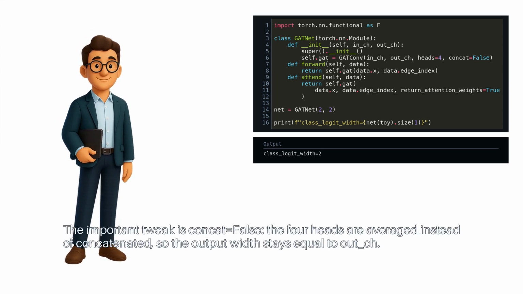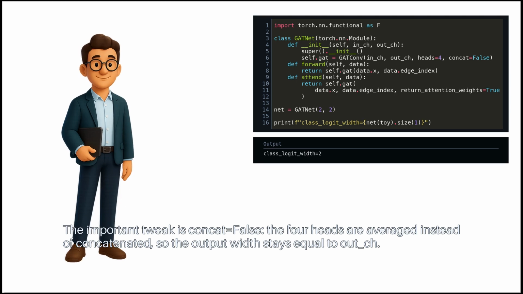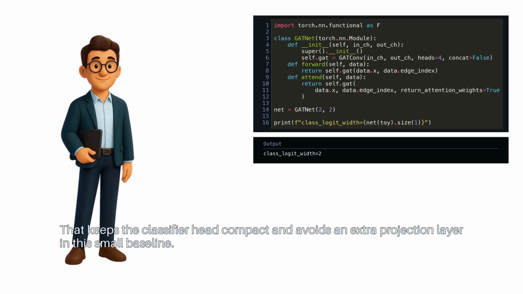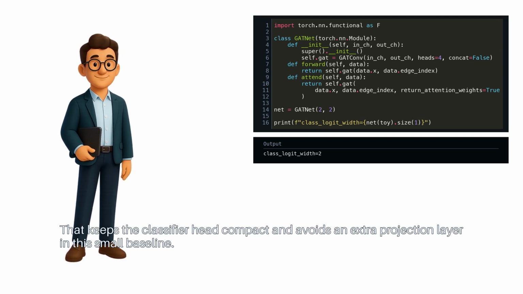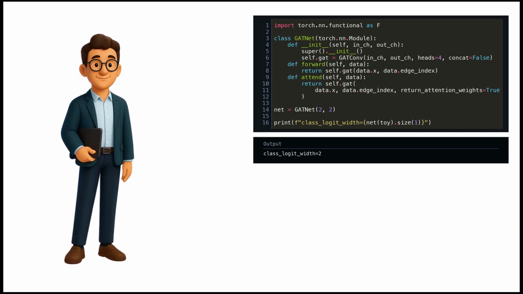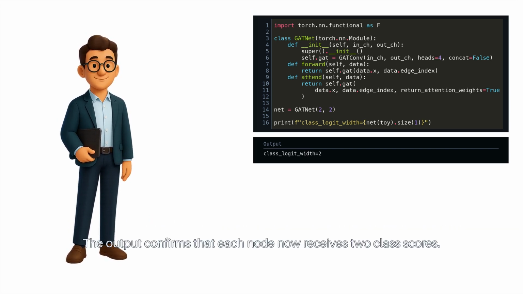The important tweak is concat false. The 4 heads are averaged instead of concatenated, so the output width stays equal to out_ch. That keeps the classifier head compact and avoids an extra projection layer in this small baseline. The output confirms that each node now receives 2 class scores.